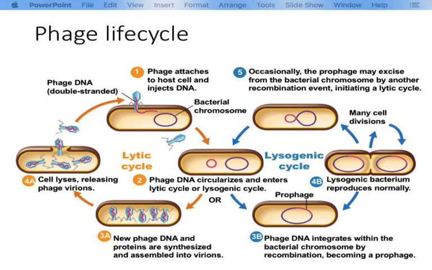The vast majority, and I should point out, not all bacteriophages, not all, if we want to call them species of bacteriophages, go through the lysogenic life cycle. All of them do go through the lytic life cycle. Lysogeny is kind of a unique event.